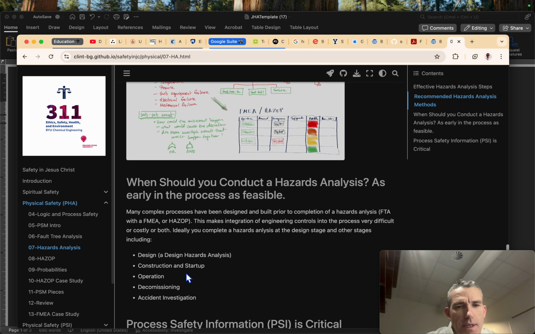And then once the life of the process is over and you're decommissioning that process or building, you would as well complete a hazards analysis to make sure people are safe in removing any contaminants or completing deconstruction.